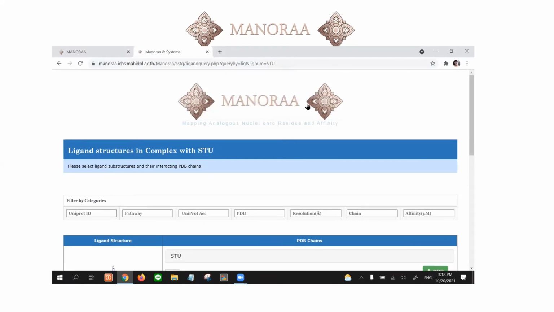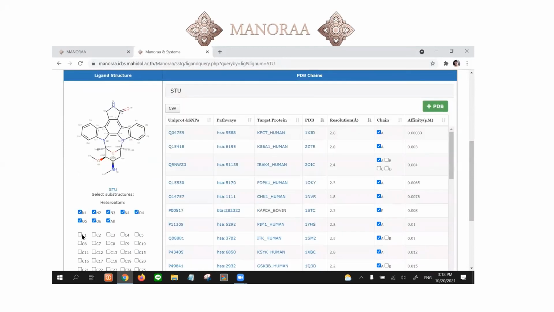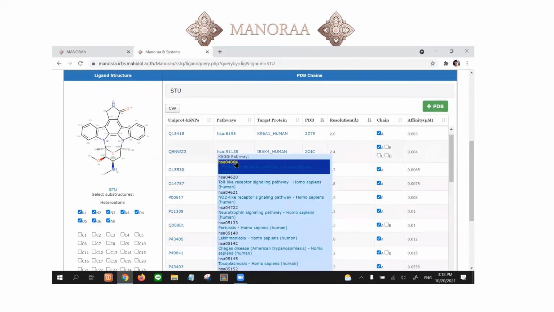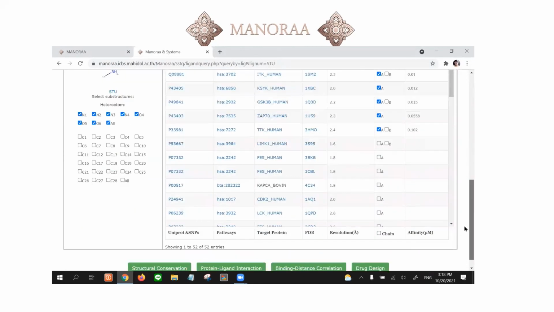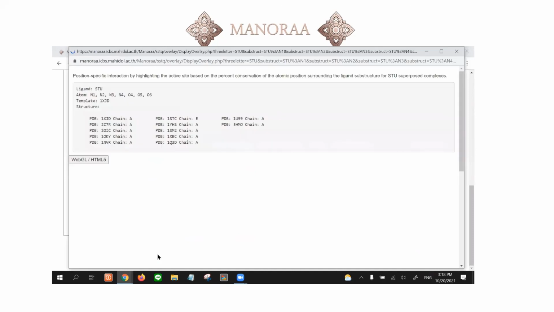In this one, you can see these panels are the Staurosporine, and these are the atoms that will be used for superposition. The default is heteroatoms, but if you want to superpose more precisely, you can roughly estimate the core structure of the ligand by clicking on structural conservation.